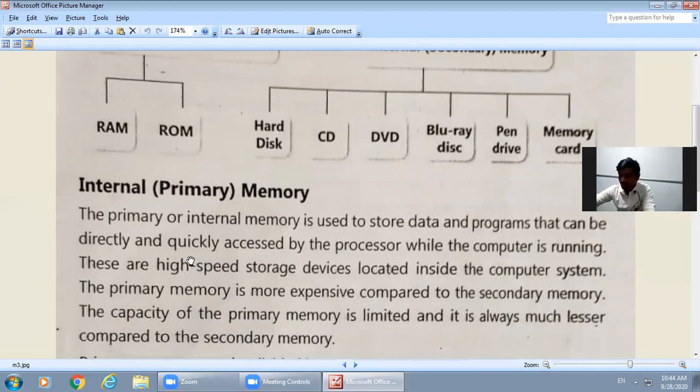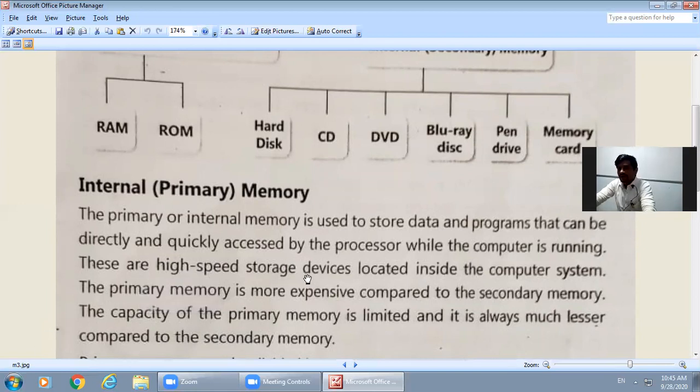When your computer is working, now see, I am working on computer. I have not saved any data, that will be displayed or stored in primary memory. So what is the use of primary memory? To quickly and directly access data for your processor. So that is the main important role of primary memory.